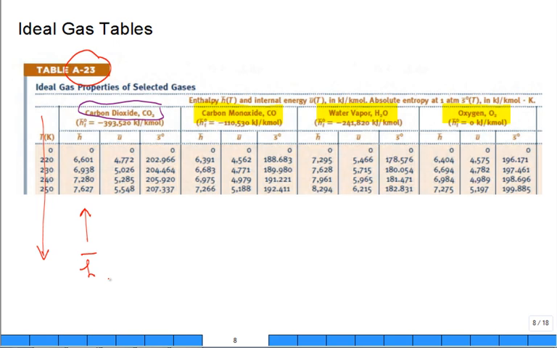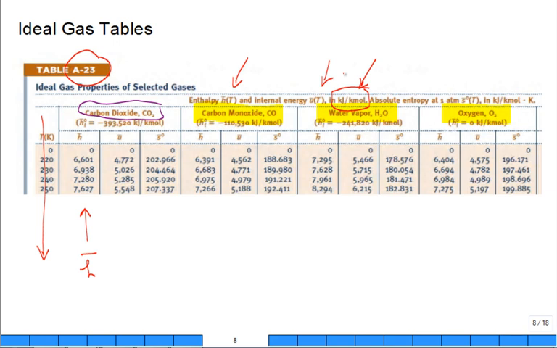H bar. Okay, instead of H, what does that bar mean? Yeah, it's per unit amount. So they tell you right up here. Can you read that? This H as a function of T and U as a function of T are in units of kilojoules per kilomole.